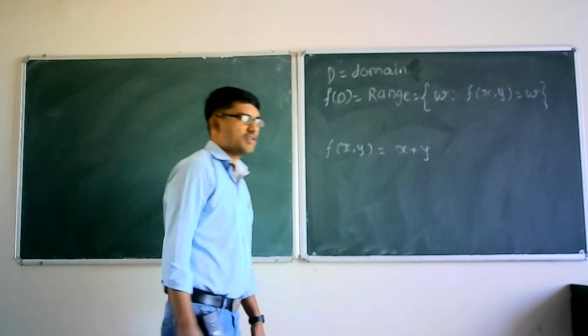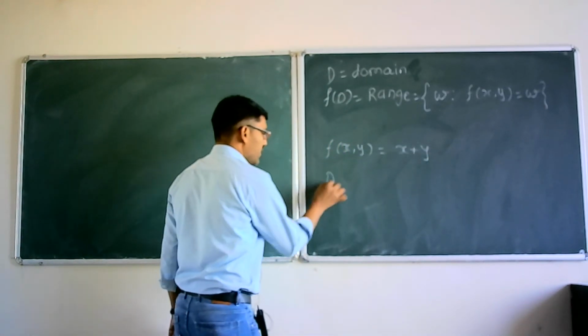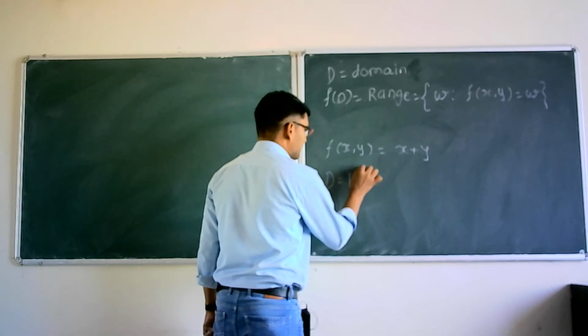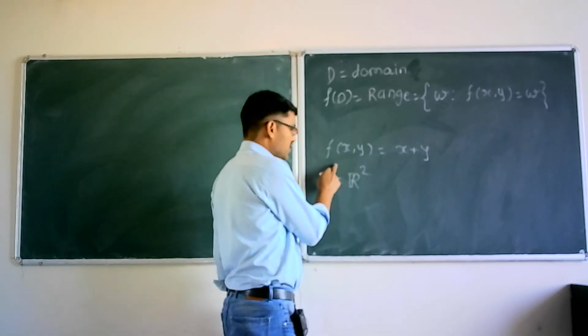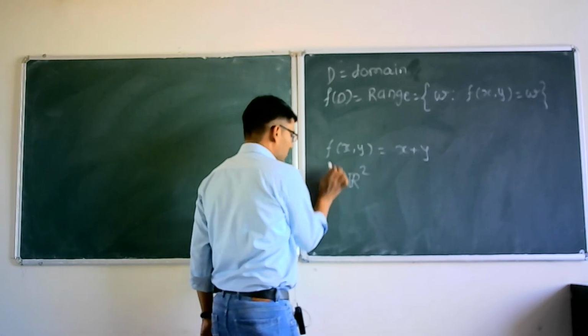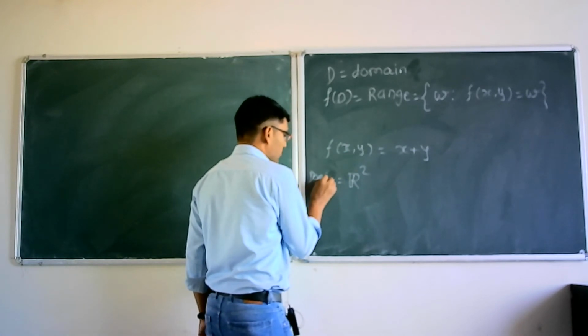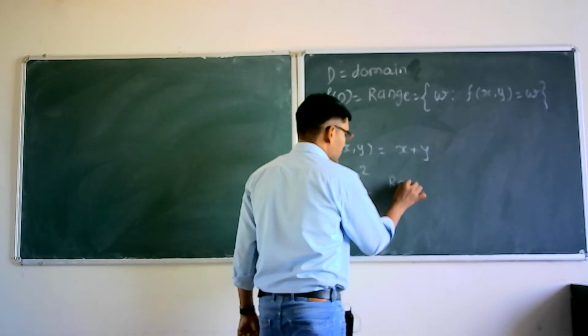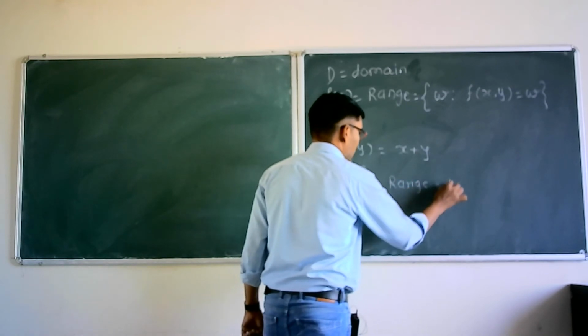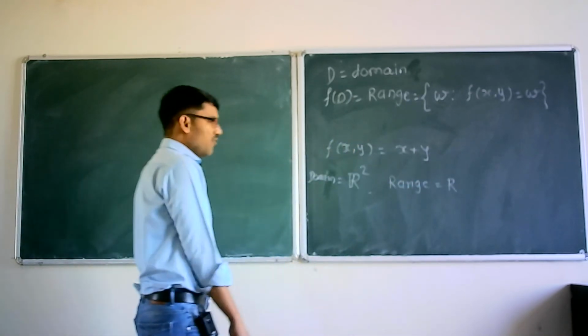What is the domain D? This function is defined for every xy belonging to R square. So the domain is equal to R square. And the range is equal to R, the set of real numbers.